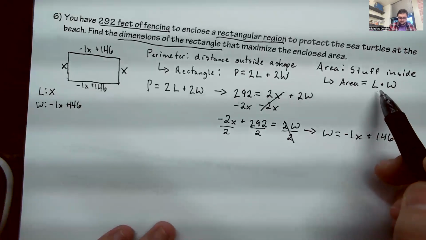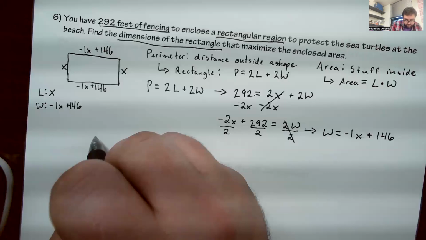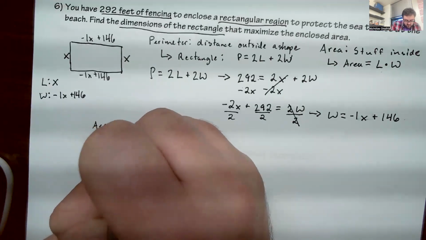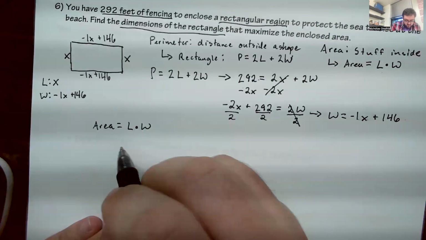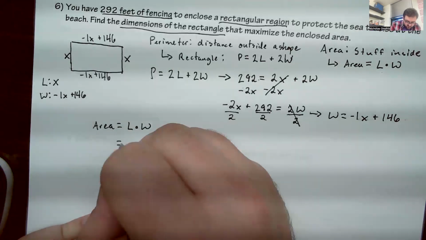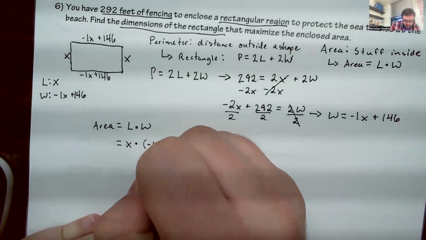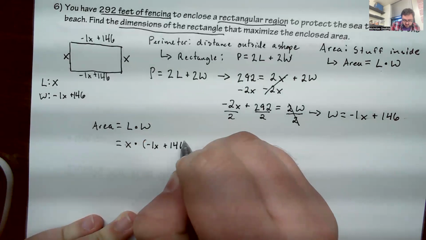Okay. Let's try and write an area equation. We know area is equal to length times width. And we know our length is x and our width is negative 1x plus 146.